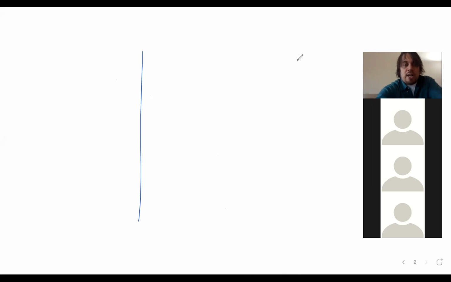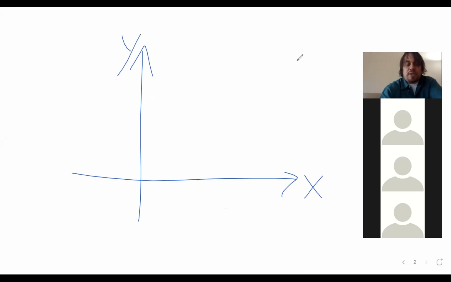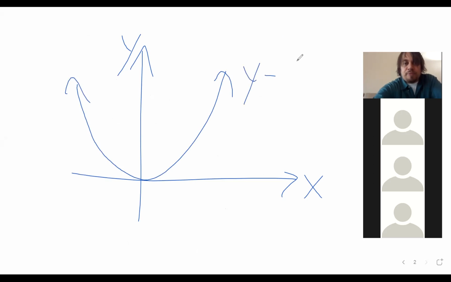If you don't draw a picture, you're probably still visualizing in your head what's happening. So y equals x squared looks kind of like this. And y equals x cubed will look something like this.